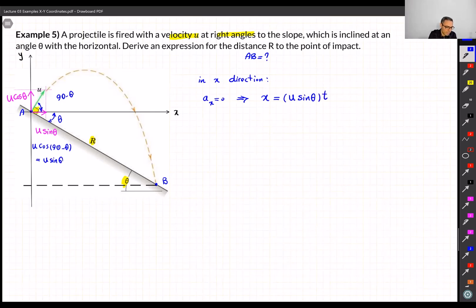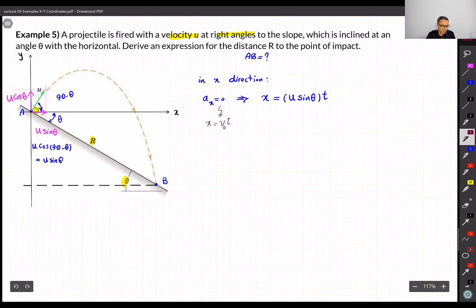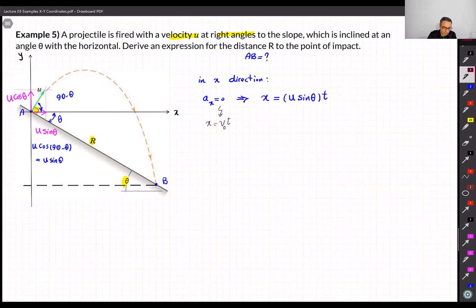Remember, when there is no acceleration, it means for you that x is v0 t, which our v0 here is u sine theta. So that's good. This is for our x direction.